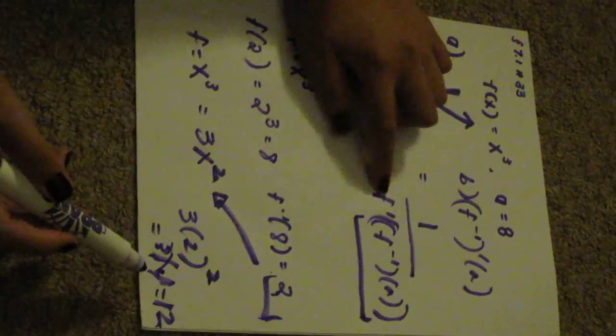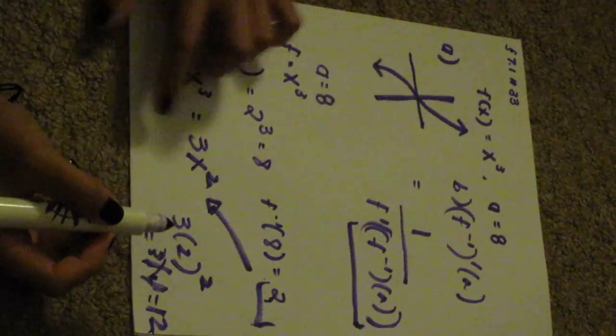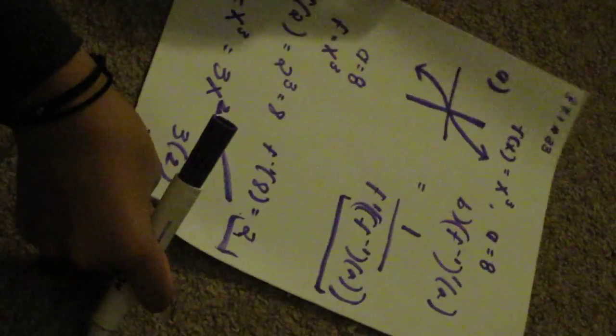And so this is your denominator. And your final answer for the derivative of the inverse function of 8 is 1 over 12.